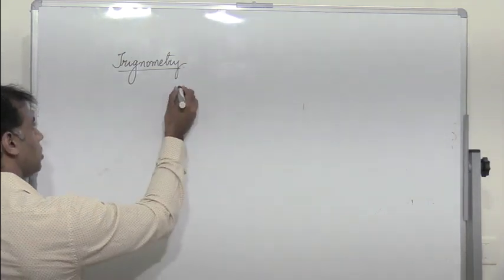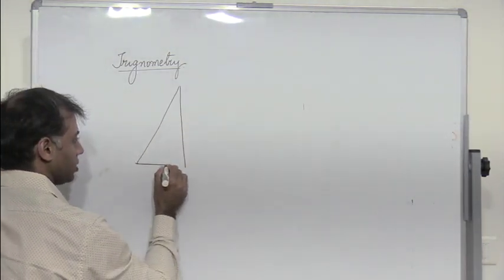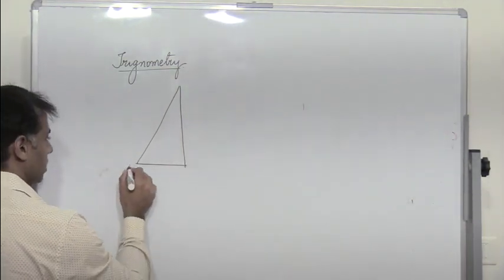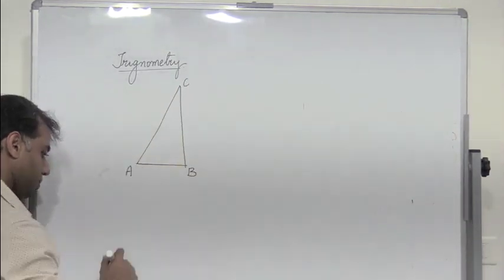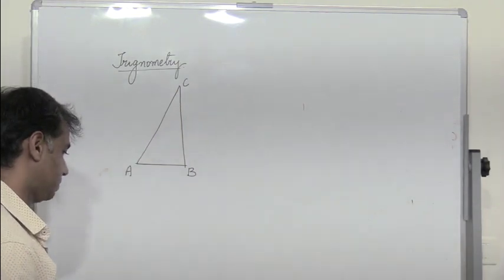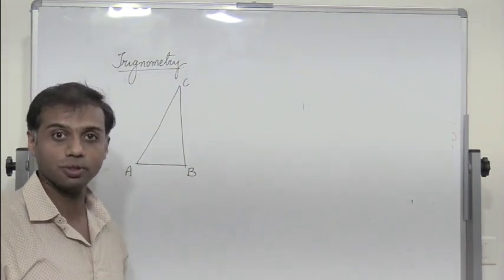So to find the trigonometric ratios, we consider a right angled triangle. So let me consider a right angled triangle A, B, C. Okay, so this is a right angled triangle, and we need to find some trigonometric ratios.